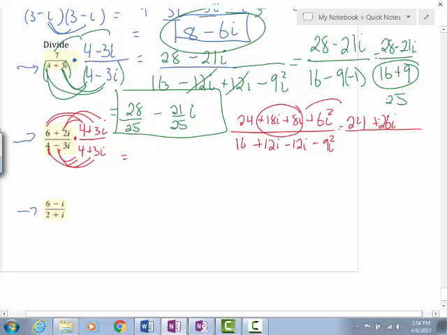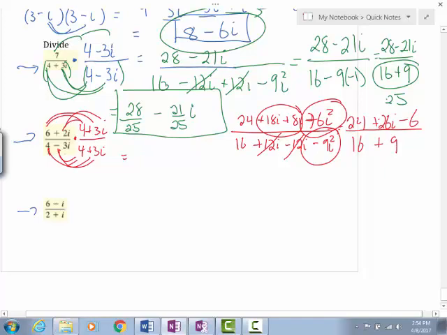Now, i squared is negative 1, and that's a positive 6, so 6 times negative 1 gives me a negative 6. On the bottom part, these are going to cancel, so I'm going to have 16. Again, i squared is negative 1, so that's a negative 9 times a negative 1, which gives me a positive 9.